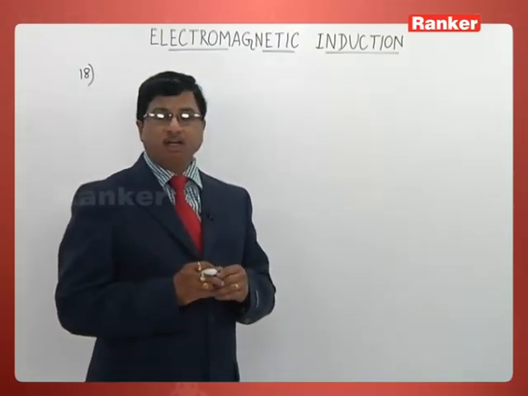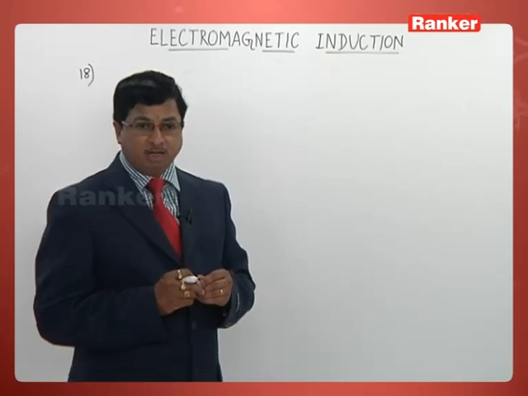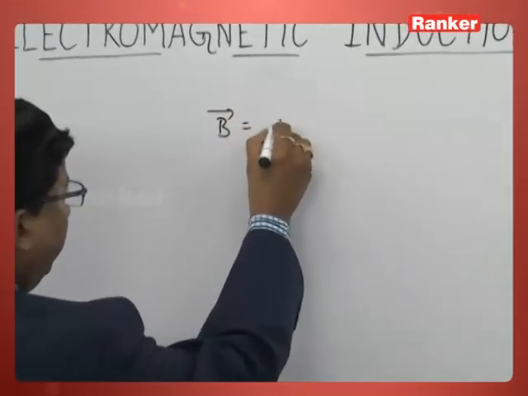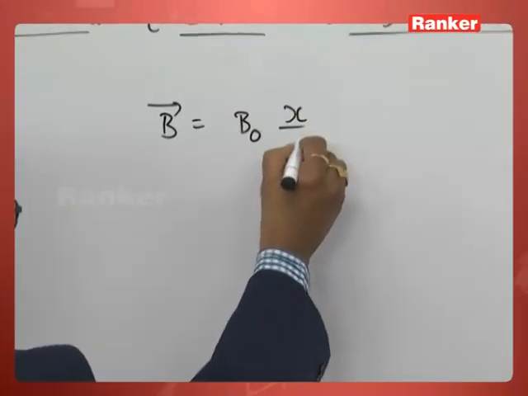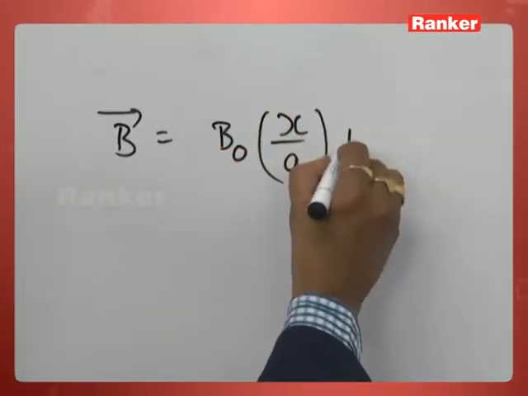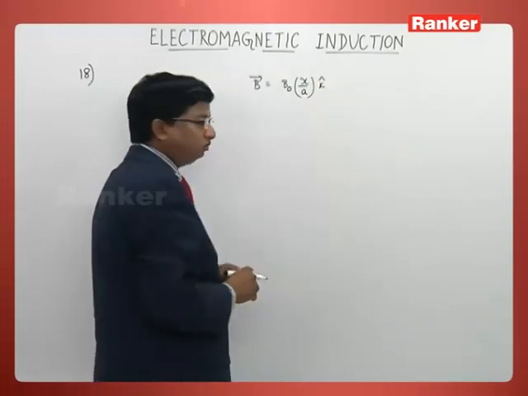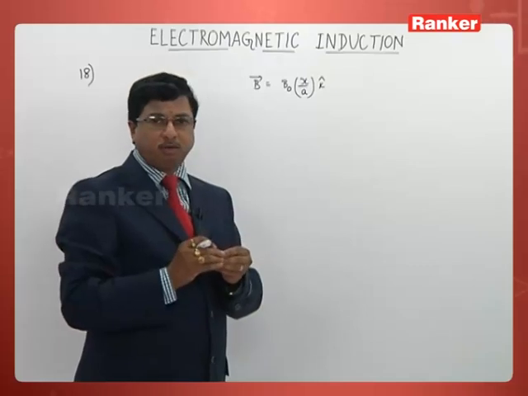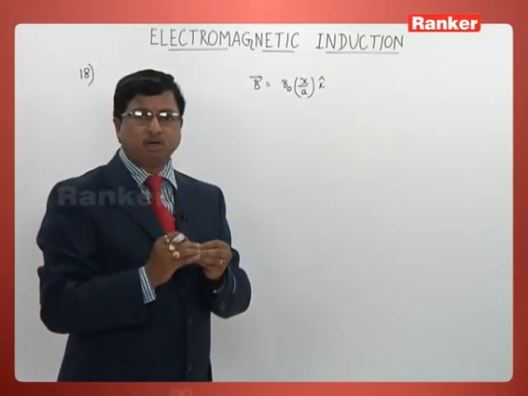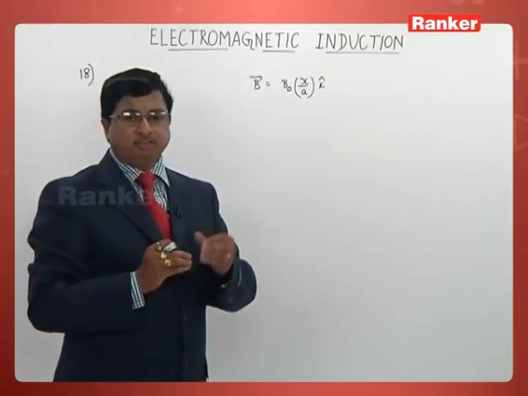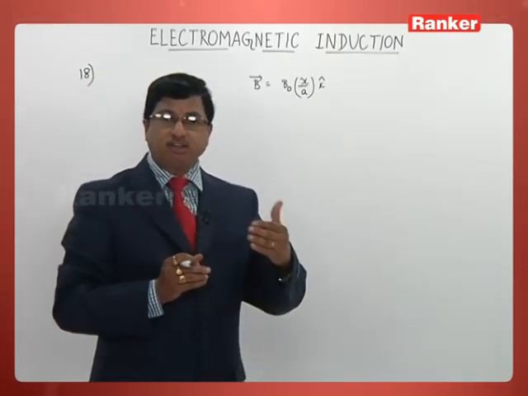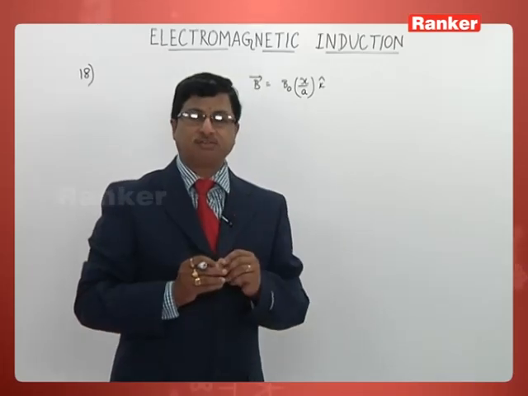The magnetic field in a region is given by B bar is equal to B naught x by a k cap. So one can directly understand that x over there may be the thickness of that particular body. A square loop of side D is placed with its edges along x and y axis.